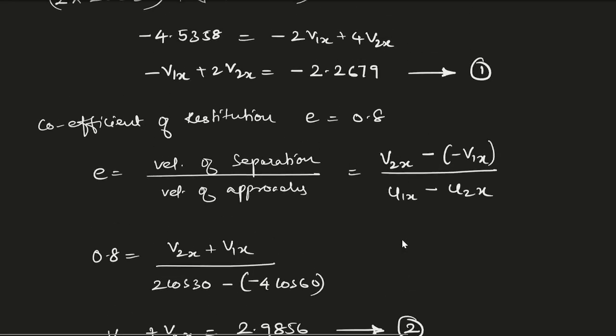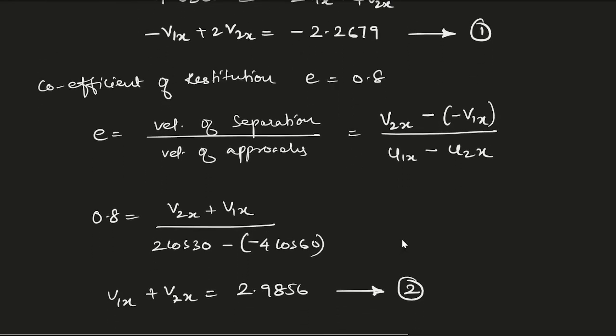Now again we have the terms in v1x, v2x equal to some constant. Here we have two unknowns and two equations. The first equation: the coefficient of v1x is -1 and of v2x is 2, equal to minus 2.2679. The second equation: the coefficient of v1x is 1, v2x is 1, and the constant is 2.9856.